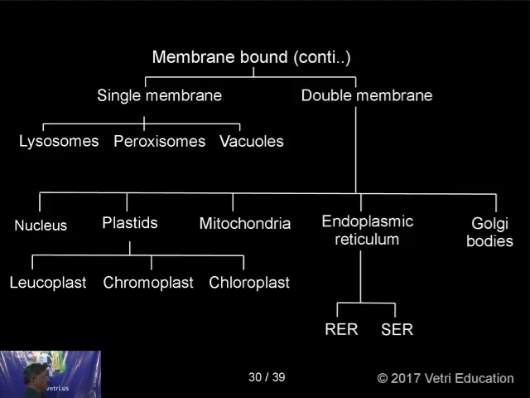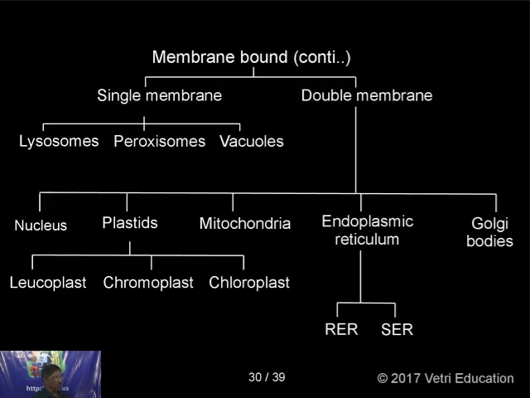Regarding these, plastids are of three types. Schimper coined the term plastid, and here there are three types. These are the colorless plastids, generally found in the underground parts. The next one is chromoplast, colored plastids that you can find in flowers and fruits, and chloroplast, that is the green plastids.